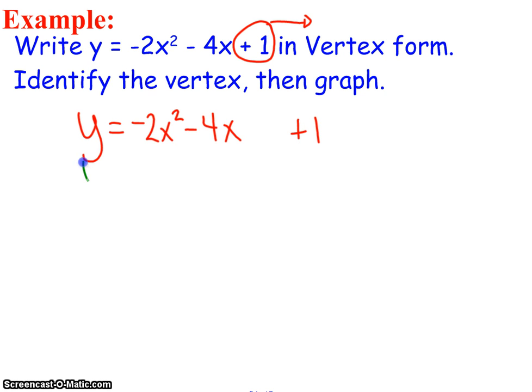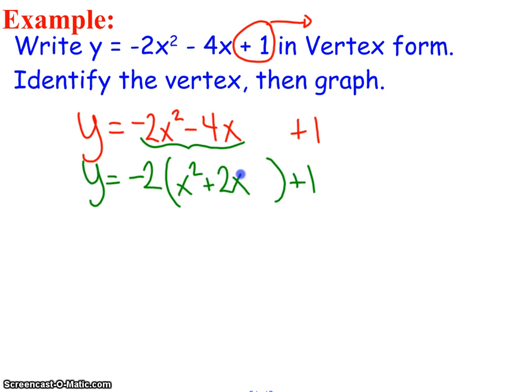All right. You're going to factor out the -2 from just -2x squared minus 4x, not the 1. The 1 stays. Don't forget, when you factor out the negative, the x squared becomes positive, and the minus 4x becomes positive also, positive 2x.